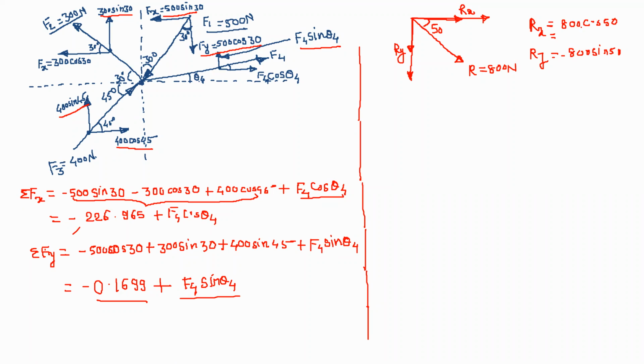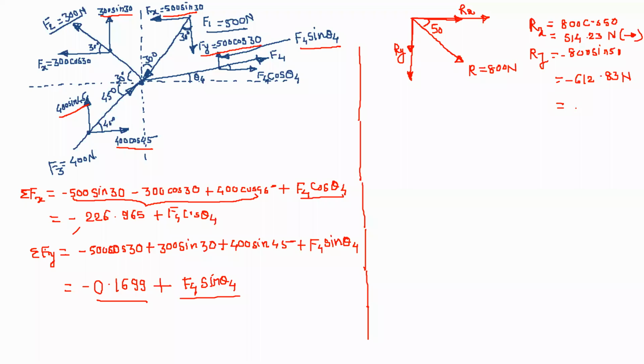So 800 cos 50, this is 514.23 Newton, and it is towards the positive x direction. This Ry value is minus 800 sin 50. So this value is minus 612.83 Newton.